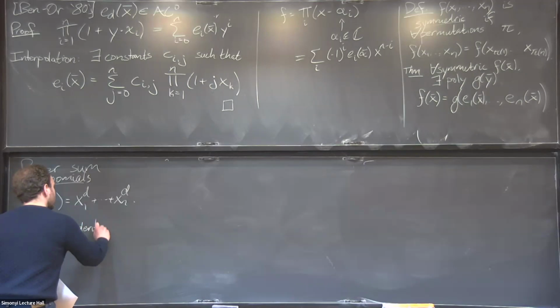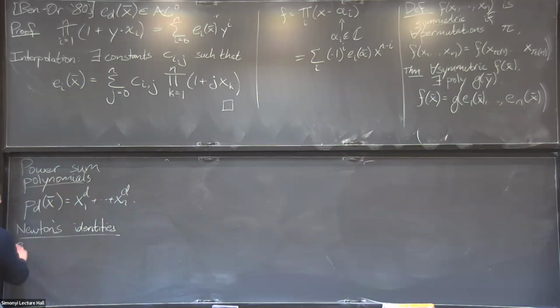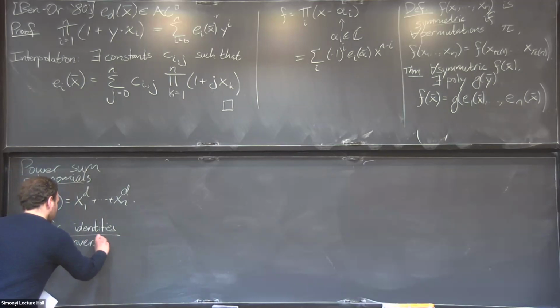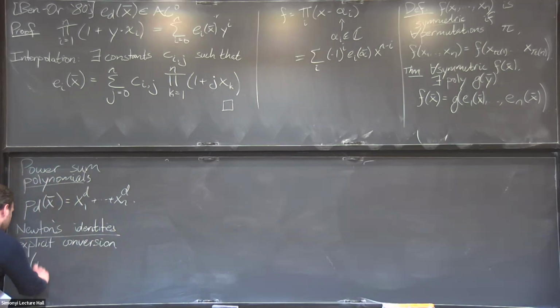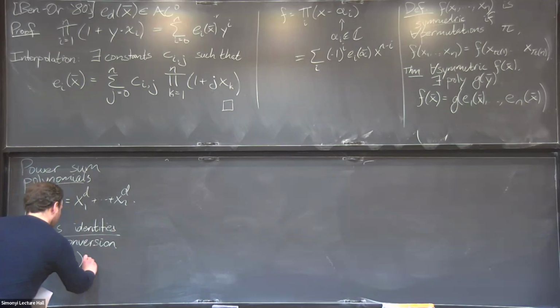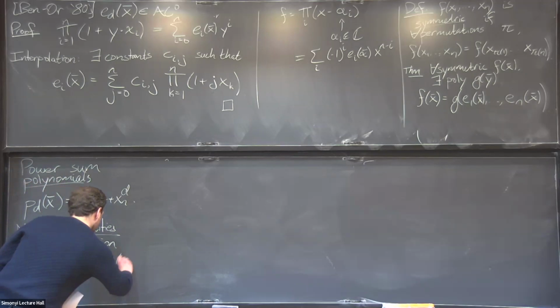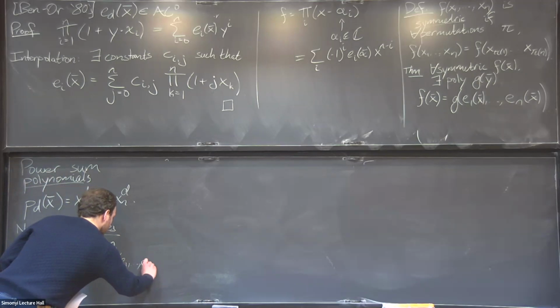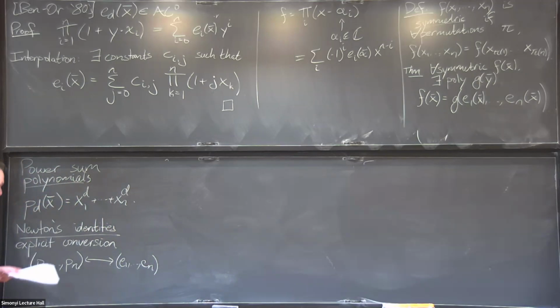These give you some explicit conversion between these families of polynomials. This gives you some way to map between the first n power sum polynomials and the elementary symmetric polynomials.